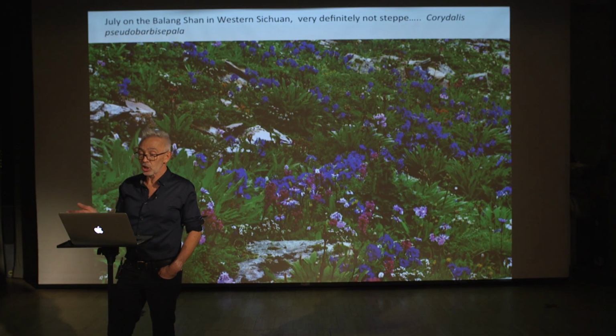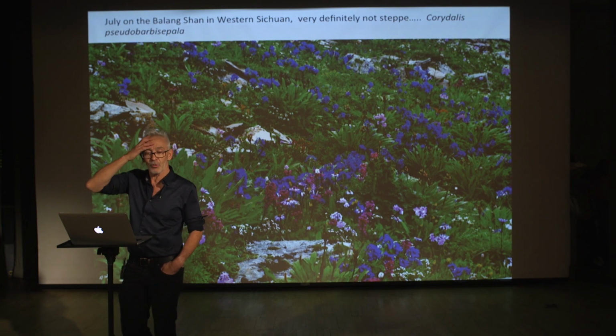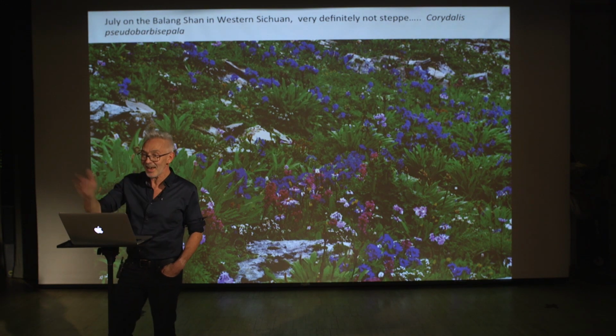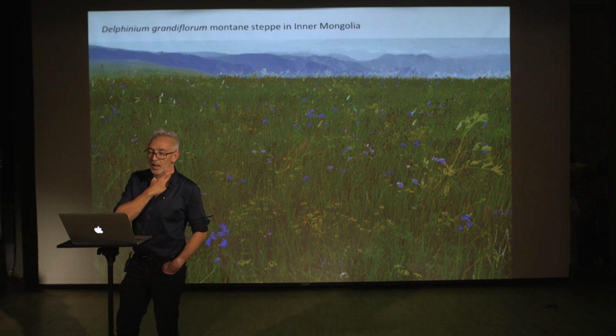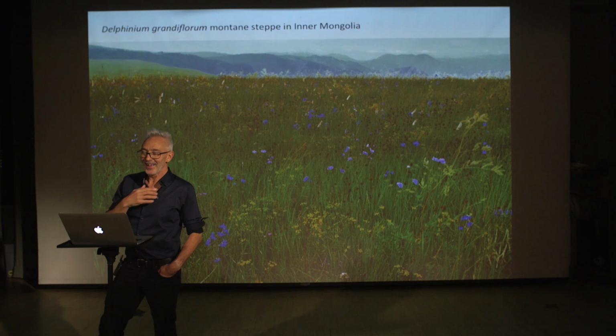A day on the Balangshan, very definitely not steppe, but my God, what a place. You know, covered by a Corydalis pseudobarbiseta. What an extraordinary dopamine moment. This covers hectares. So if I get off on these things, perhaps other people will get off on these things. A few weeks ago, I was in Mongolia, and I had a picnic in this meadow with some Chinese colleagues.